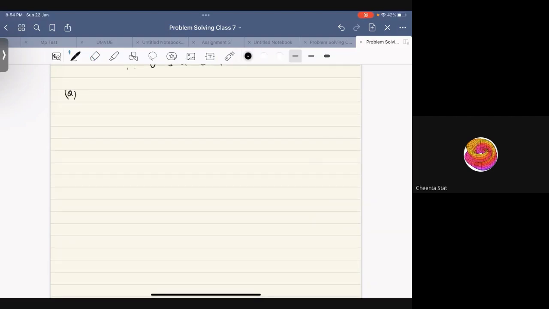The problem is that X_i are IID uniform (0, theta), theta greater than 0. Show that... can anyone show me this thing?